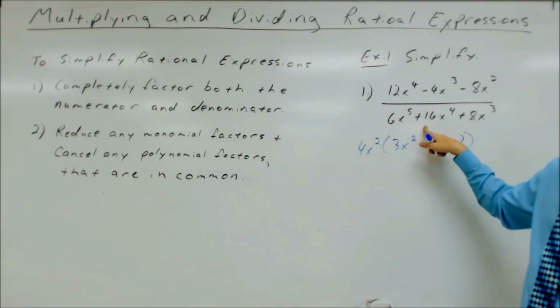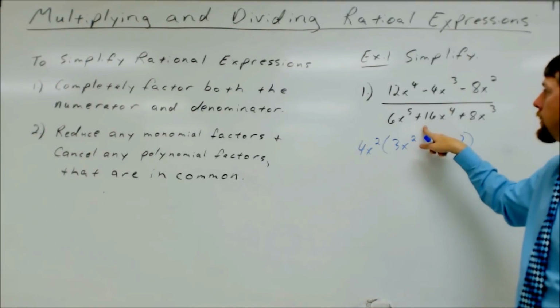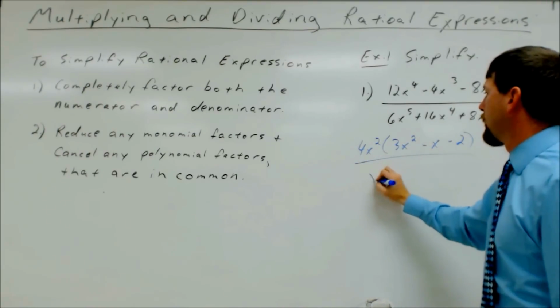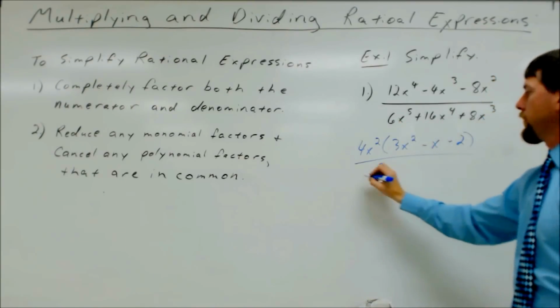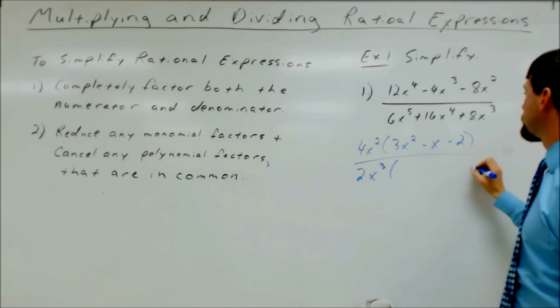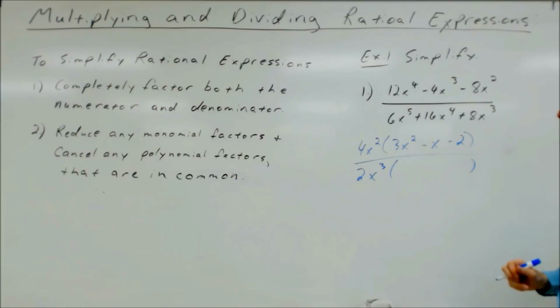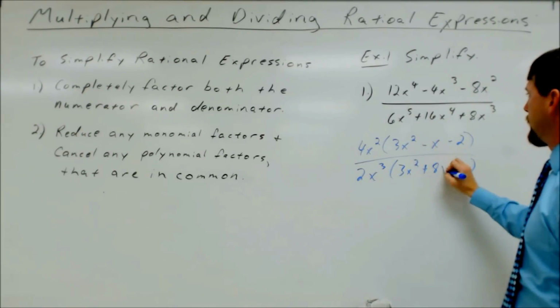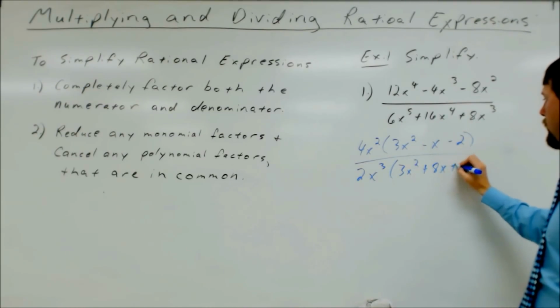Then let's look here. I have a common factor of at least an x cubed. All will divide by 2. Okay. So we've got 3x squared plus 8x plus 4.